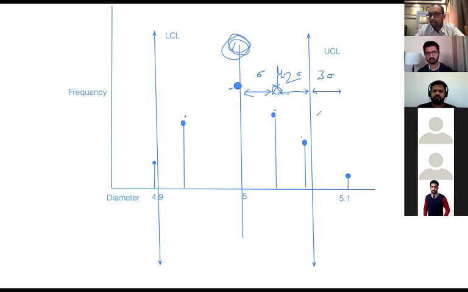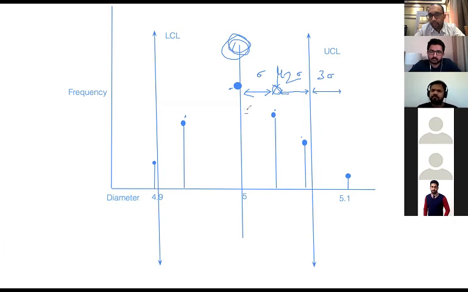In general, when we say that the higher the sigma level, the better the process, that means you make sigma so small that six of these fit into the fixed UCL and LCL. Right now, the width of sigma is very high.